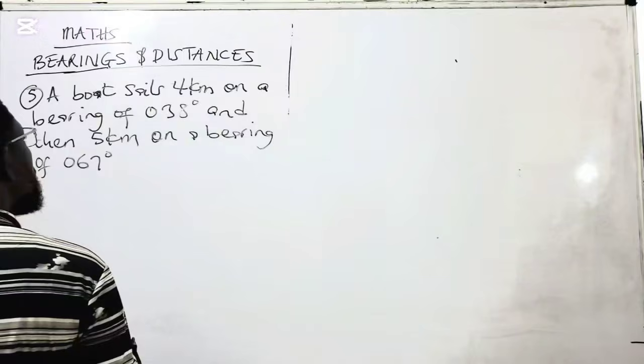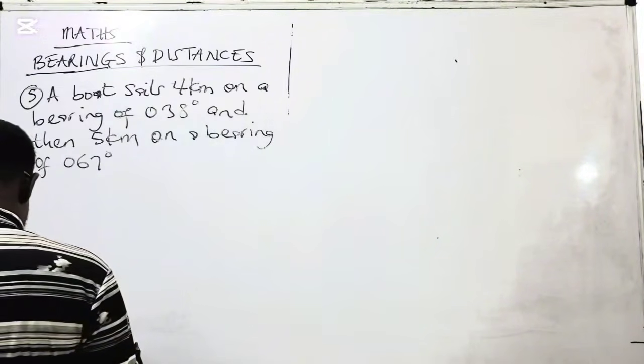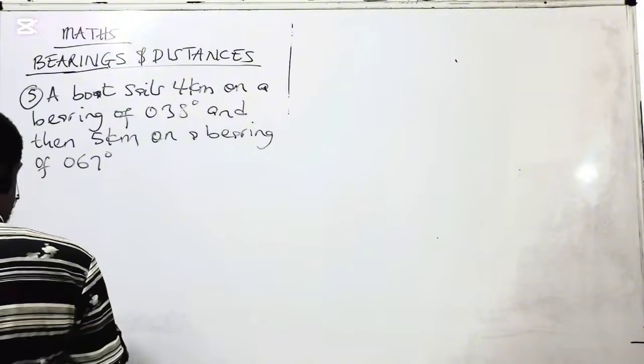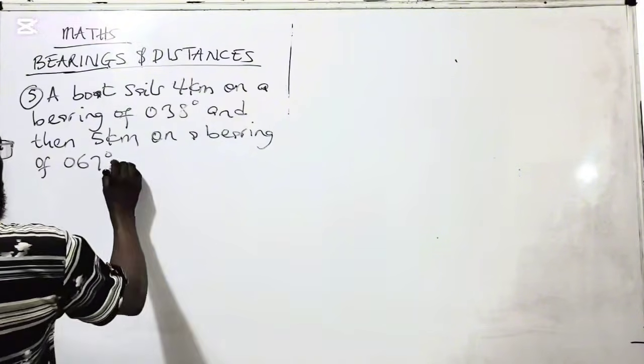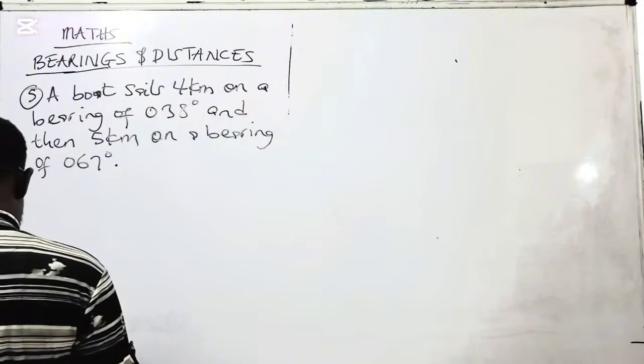The boat sails 4 kilometers on a bearing of 038, and then 5 kilometers on a bearing of 067. Full stop. Part A: how far is the boat from its starting point?